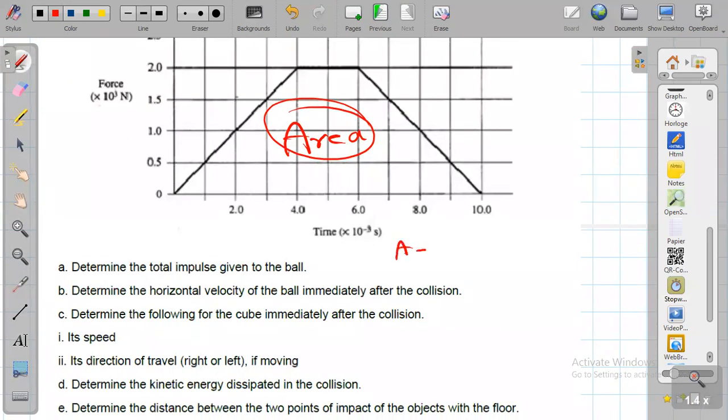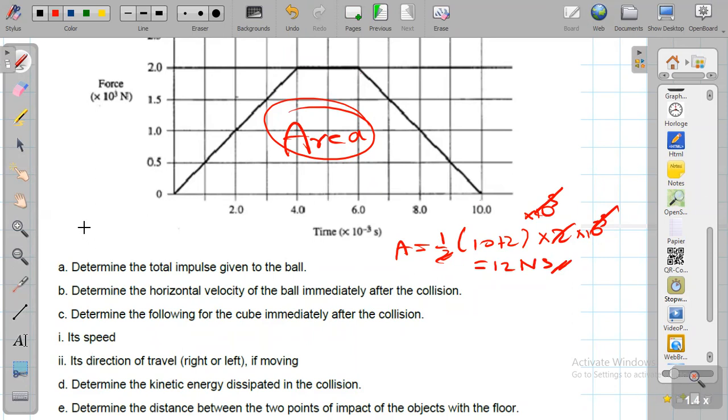Area of the trapezium is half into 10 plus this one, and here it's like 2 times the vertical height. It's like 12. The time is 10 to the power minus 3 seconds, and this is 10 to the power 3 Newton, and minus 3 gone. So it's 12 Newton seconds.